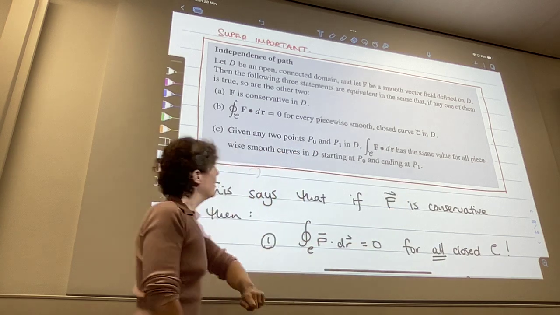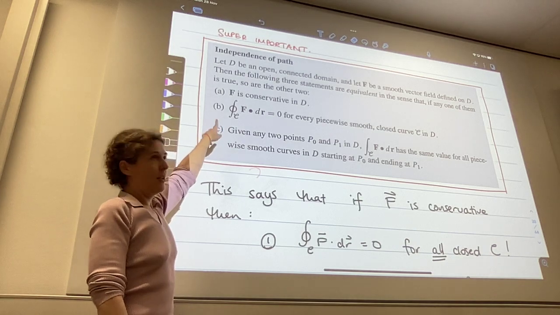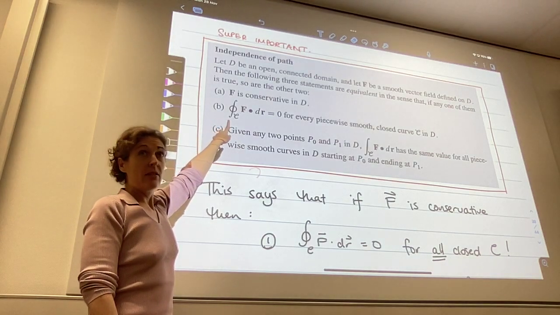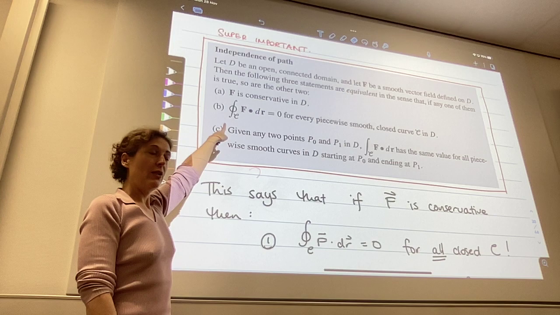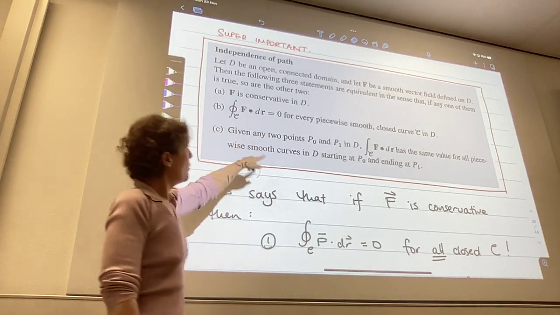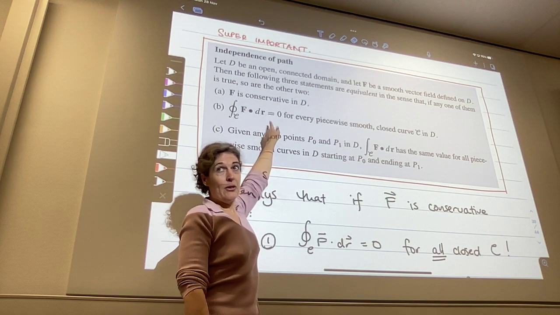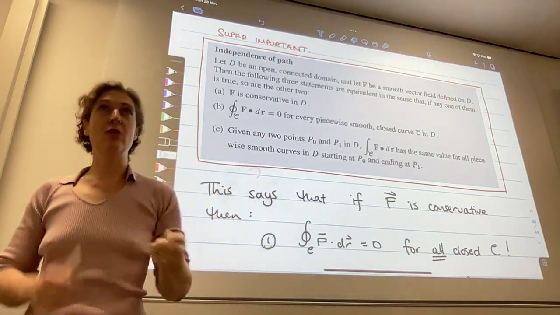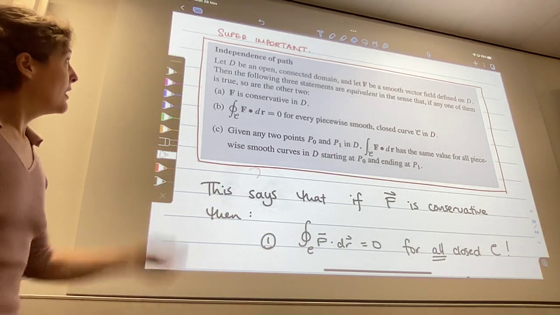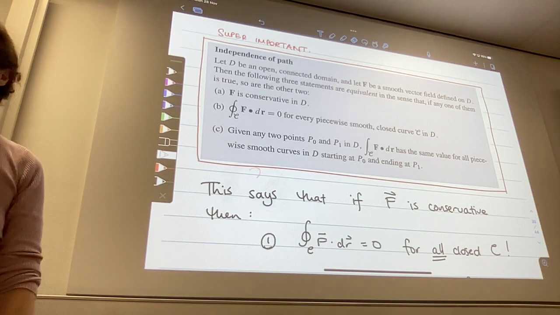Or better yet, someone says, calculate this closed path integral, and you think, that looks hideous, I don't want to do that. Check if your vector field is conservative. If it is, no calculation required, because it's just equal to 0. So in terms of labor saving, if you have a conservative vector field, life is a lot better.